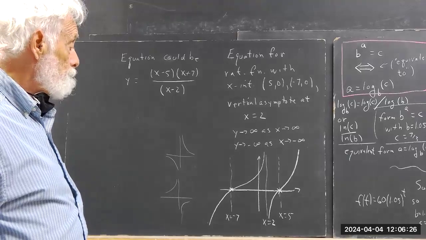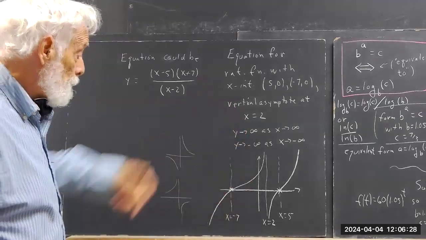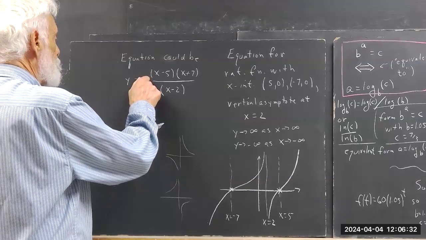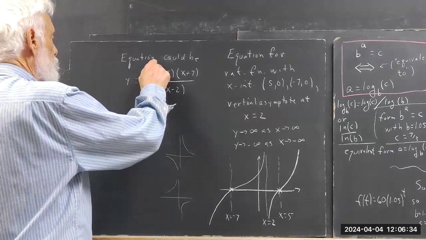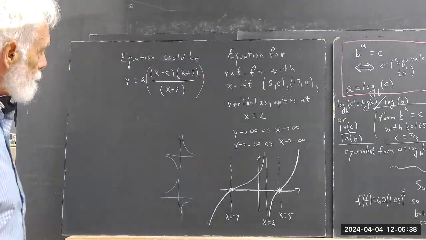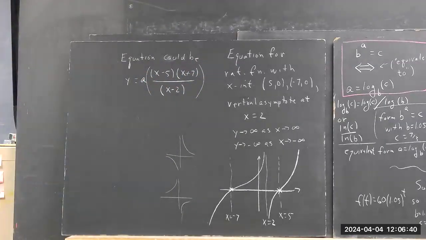However, it could also be a multiple of this. So I'm going to say it's some multiple. I'm going to say it's a times this. And what's a?